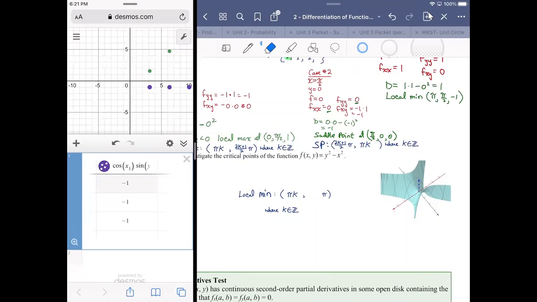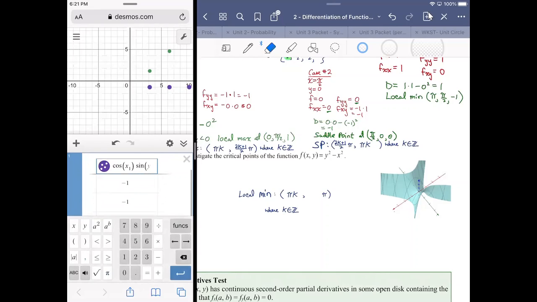So if my next value is 3 pi, then 3 pi over 2 would be the next one. And we can verify that here. Just having a quick look if Desmos lets me do it. Doesn't seem to want to. I can't even get my, no, there we go.